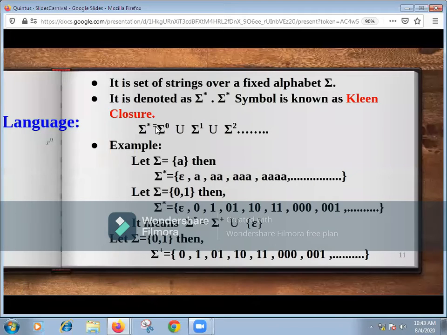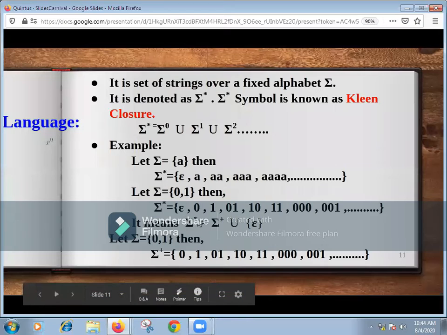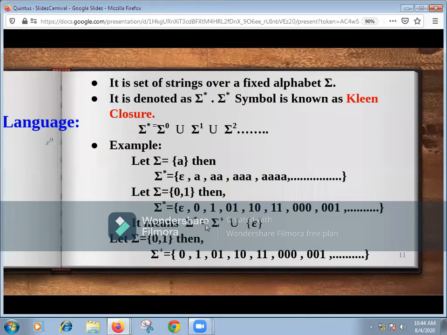Alphabet raised to star means Kleene closure. Now what is meant by alphabet raised to plus? Alphabet closure equals alphabet raised to plus union epsilon. If we make the union of alphabet raised to plus with epsilon, we get the closure. So what is alphabet plus?